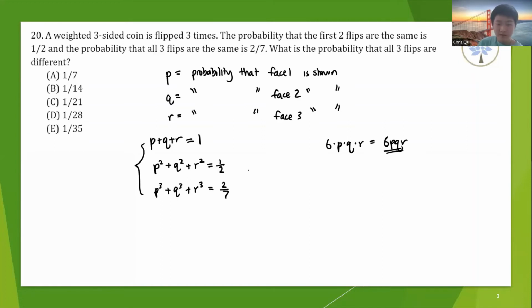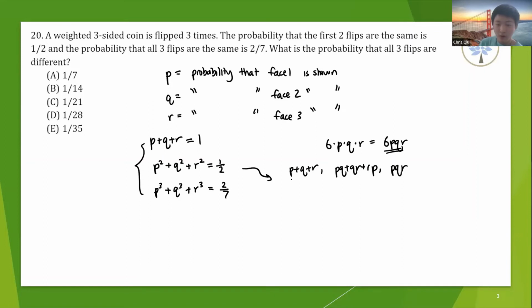So how are we going to find this? When we have a system of equations where every equation is symmetric in 3 variables, or you could also do this if all of the equations are symmetric in 2 variables or 4 variables, what we want to do is write all these equations in terms of P plus Q plus R, PQ plus QR plus RP, and PQR.